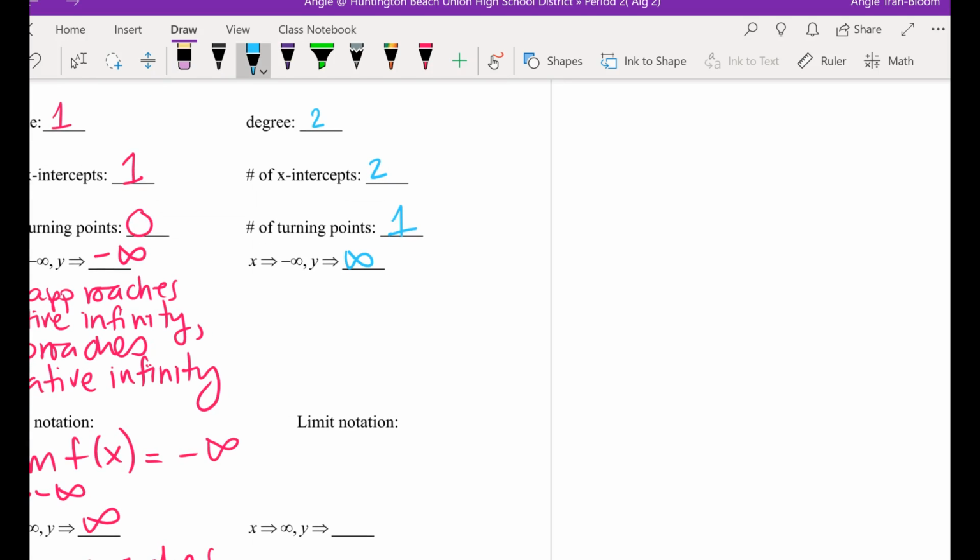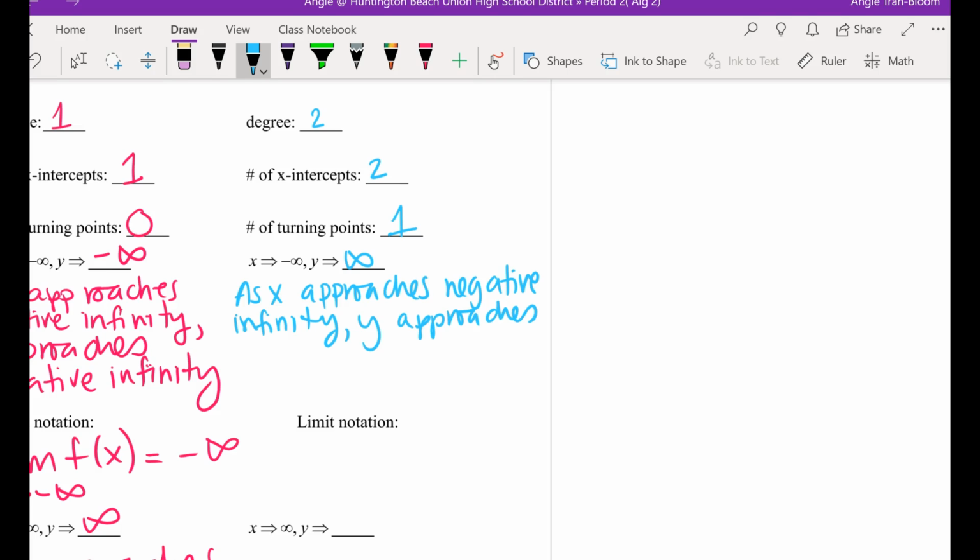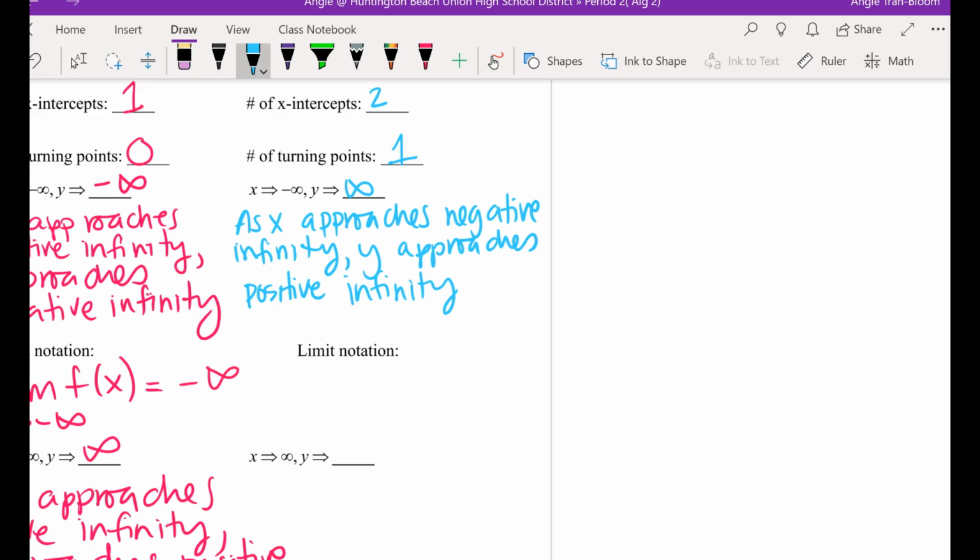Okay, so let's spell it out. As x approaches negative infinity, y approaches what? Infinity. Okay, I'll spell positive, so when you're saying it, it's limit notation.